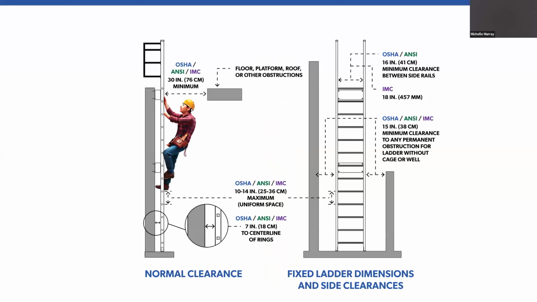On the slide on the left, you'll see the normal clearance, that's the climbing side clearance. So OSHA, ANSI, and IMC all require 30 inches minimum. And for the side clearance, OSHA, ANSI, and IMC require 15 inches.